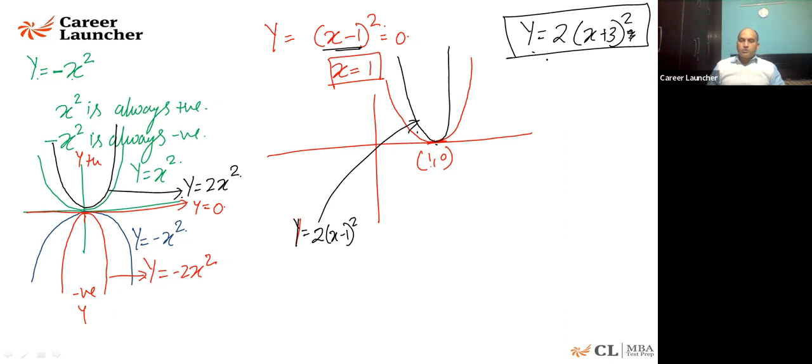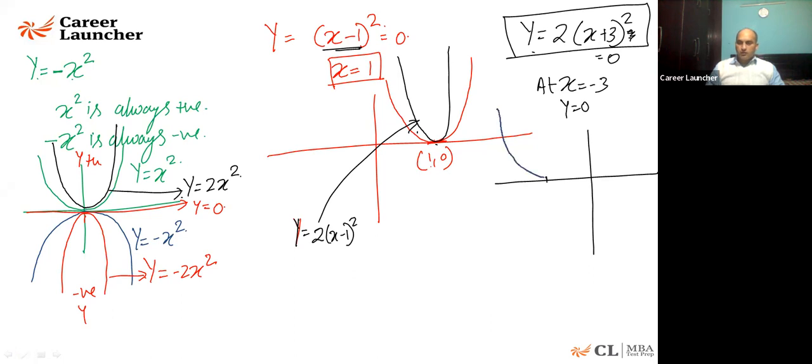Fine. So what I'll do is I'll put it equal to 0. I'll say at x equal to minus 3, y comes out to be 0, that means at minus 3 the curve is, this is y equal to x plus 3 square. Say.